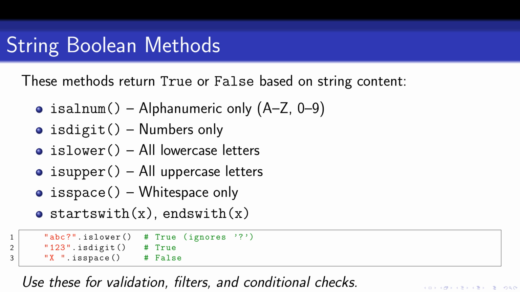The startswith() and endswith() methods are especially helpful for validating input formats or checking prefixes and suffixes in structured strings, such as file names or URLs. These Boolean methods are often used for input validation, filtering, and conditional checks in larger programs. They help you ensure that user-provided strings meet specific criteria before processing them further.